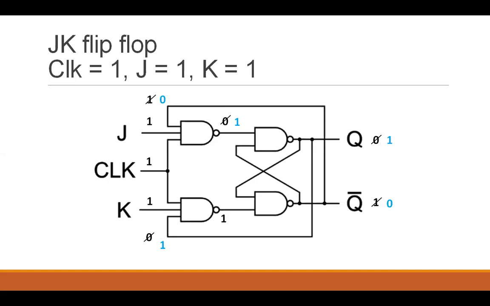And from the K side, it's 1.1.1, which is going to give us 1, and inverting that is going to give us 0. Now again, using the NAND rule from the 0 side, the Q complement is going to become 1. And that one is going to be fed with this blue one above, and 1.1 would be 1, inverting it is going to give you the 0 at Q.